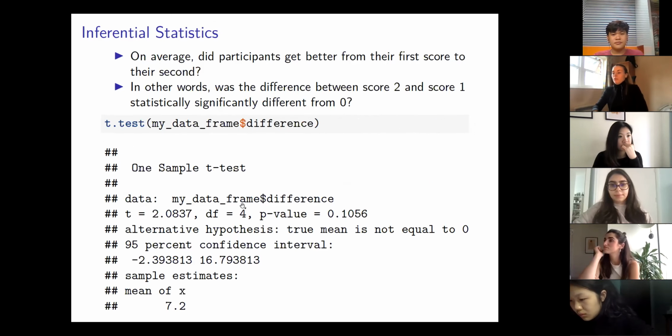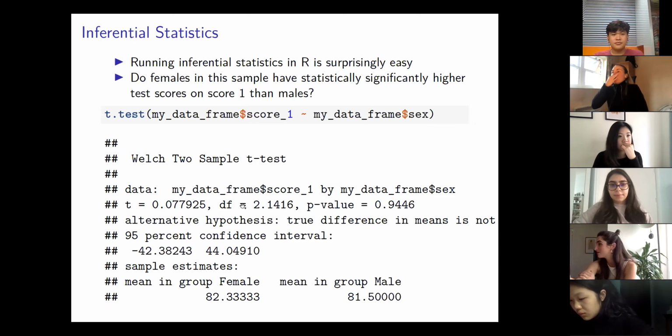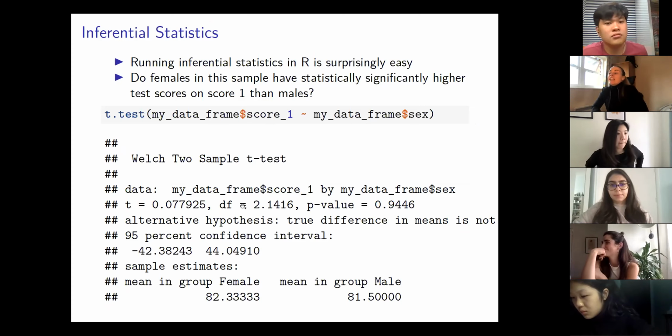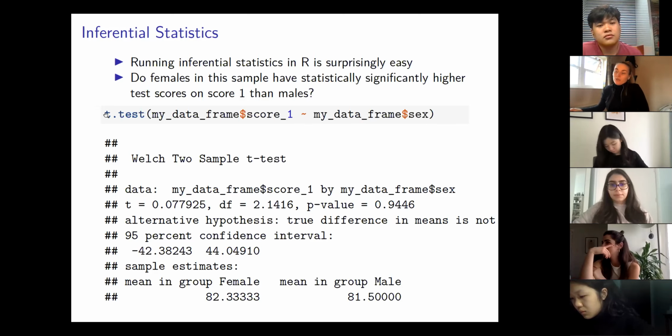Okay. So inferential statistics in R is really surprisingly easy after all of the data wrangling and the data manipulation. So say we wanted to know if females in this sample have statistically significantly higher test scores on score 1 than males. So basically you call this t-test function.